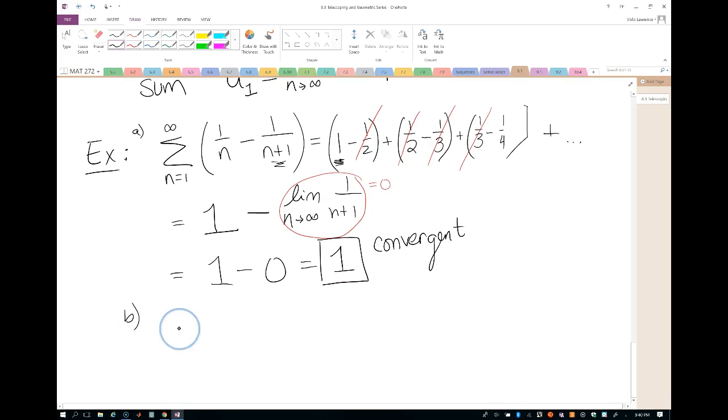But not all telescoping series are convergent. Let's say we've got the sum of n minus n plus 1.